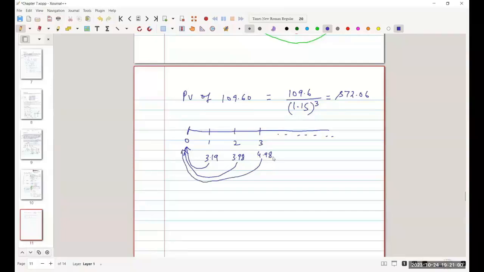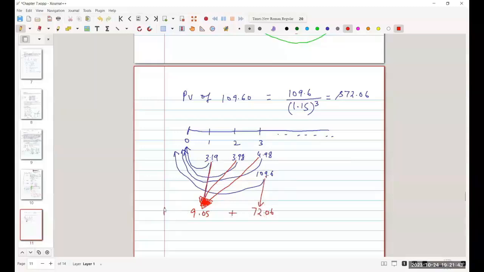Also at this point in time, we had 109.6 taken back. All these three dividends gave us a total of 9.05. And this 109.6 taken back to time 0 gave us a value of 72.06.